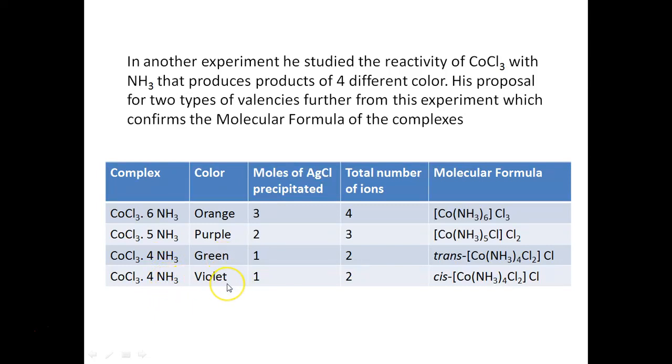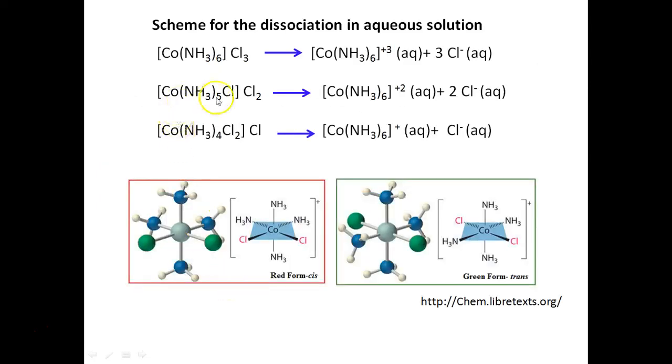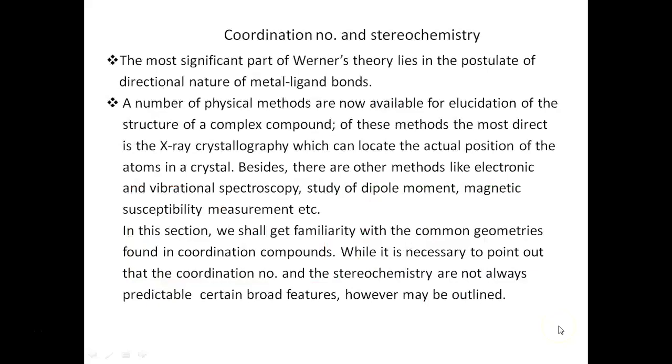One is green, another is violet, and he proposed the dissociation of all the molecules in this way, where the Co(NH3)6 Cl3 produces 3 chloride, this one produces 2 chloride, and this one produces 1 chloride. For this molecule, two forms are obtained, red and green: one is the cis form, where 2 chloride ions are on the same side of the cobalt metal, whereas in the trans form they are on opposite sides.